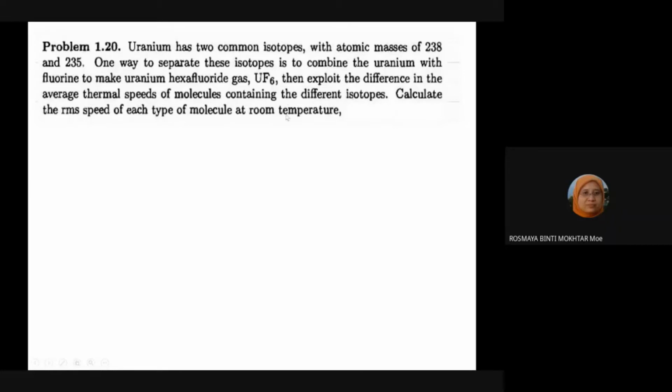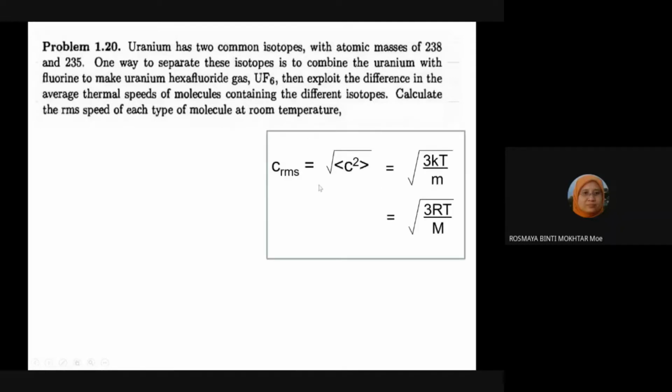So we are going to calculate the RMS speed for each type of molecule at room temperature. We do uranium 235 first, then uranium 238. From this equation, just now we chose the square root of 3RT per M. Next we choose the square root of 3kT per m.